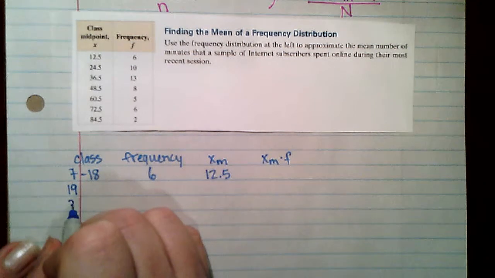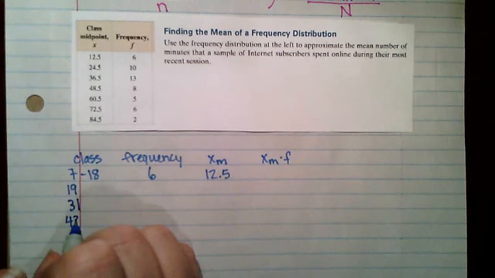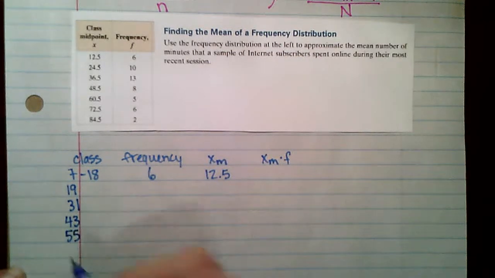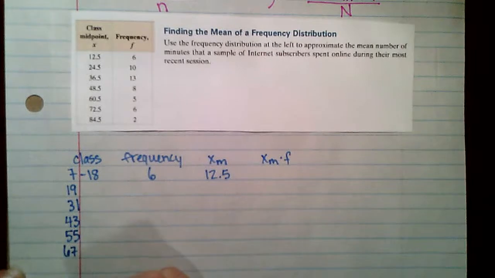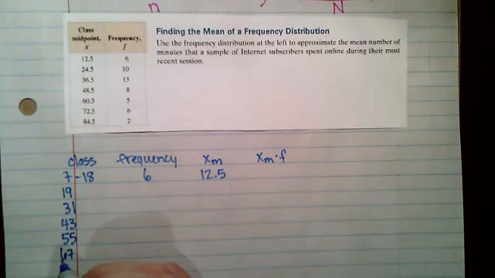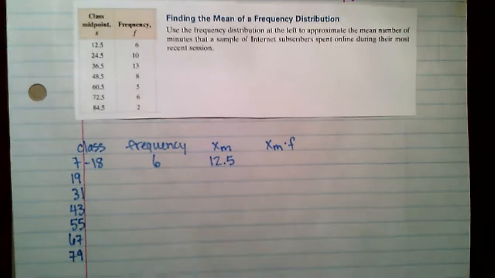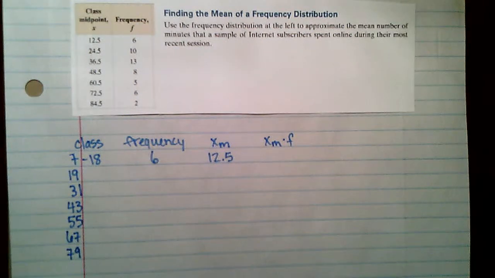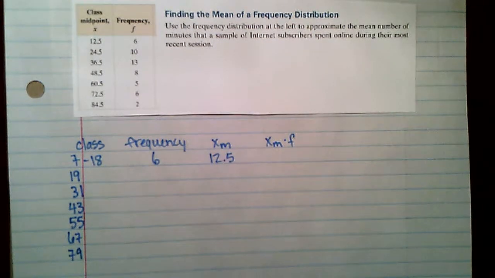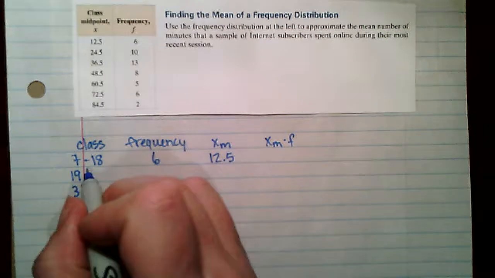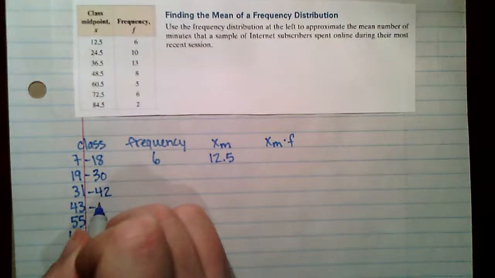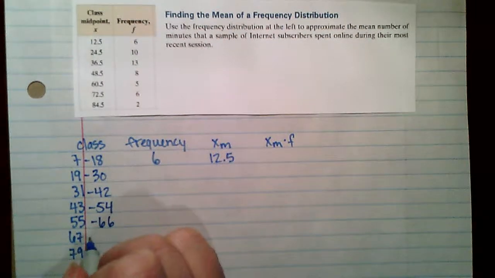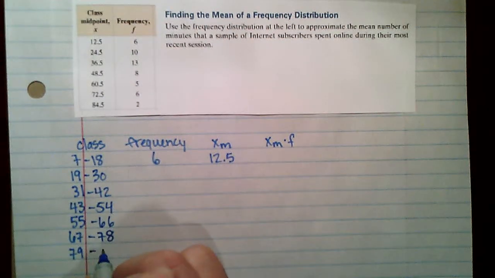My next class starts at 31, plus 12 is 43, plus 12 is 55, plus 12 is 67, plus 12 is 79. And then my upper class limits, I add 12 each time again. So 30, 42, 54, 66, 78, 90.